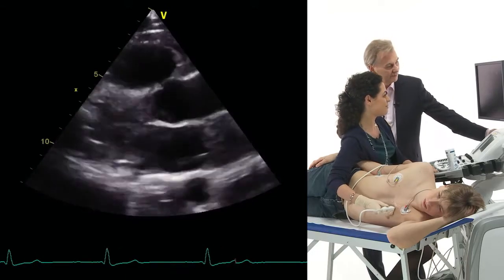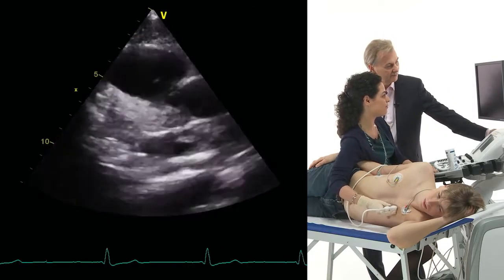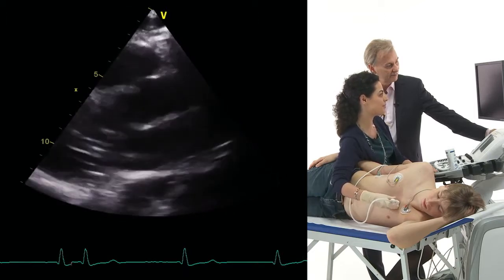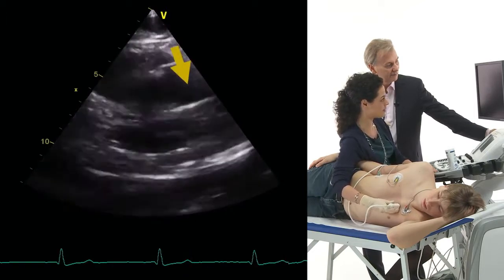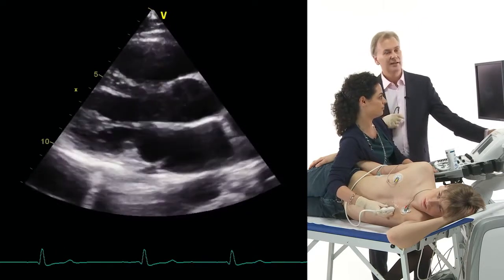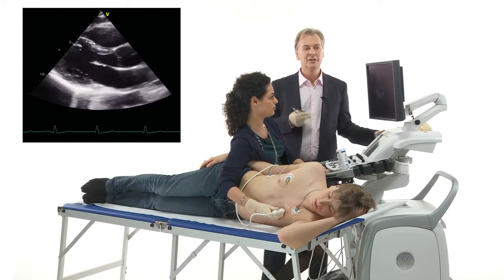Yes, exactly. This is a perfect view to visualize also the aortic valve and root together with the ascending aorta. And this is extremely important to have a full picture of the two. Yeah, it's an important structure because there you will see a number of different pathologies, and you will also learn that the aortic valve is very closely connected to the ascending aorta.